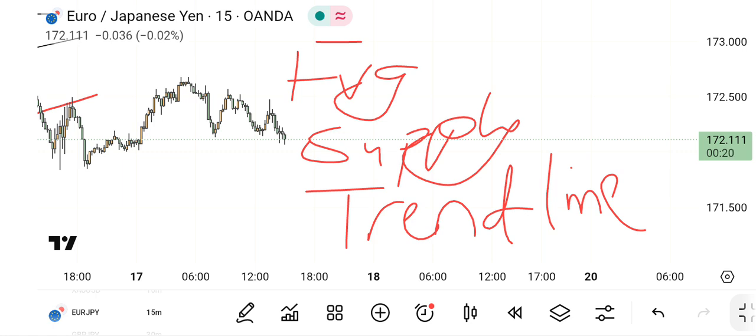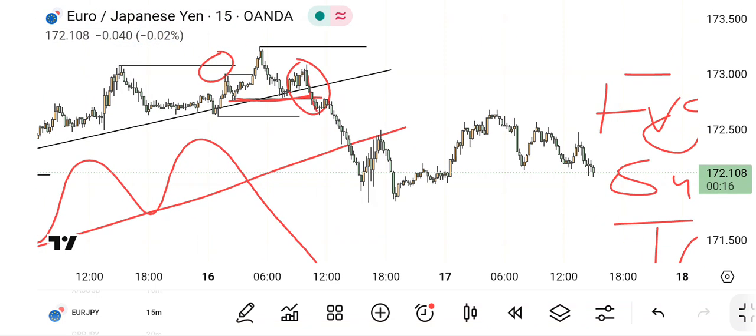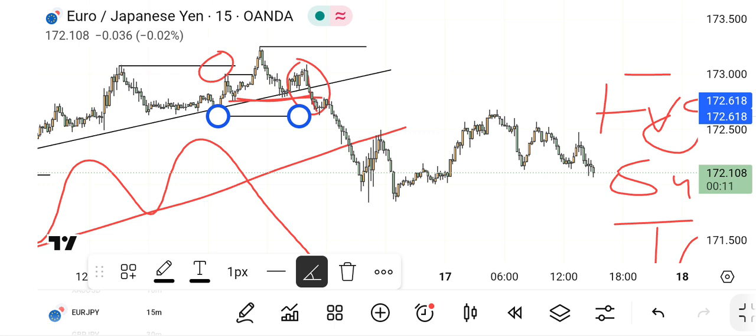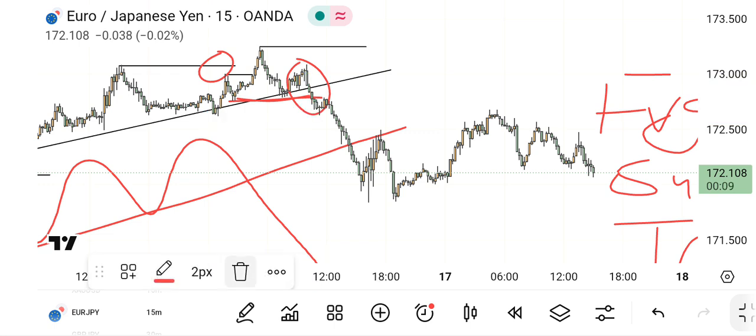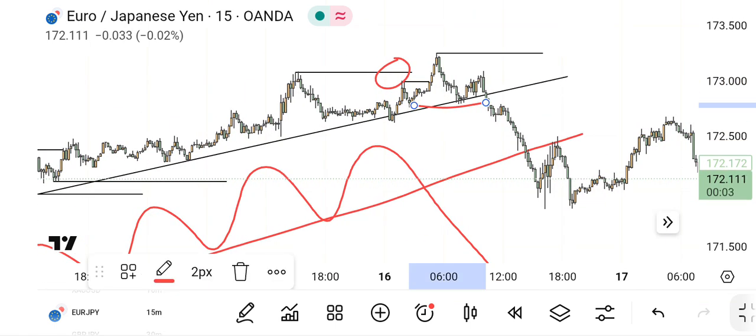So this one, I was expecting the price to retest back to the trend line because here we don't have any fair value gap zone, and we don't have a supply zone. We have a supply zone at this top.